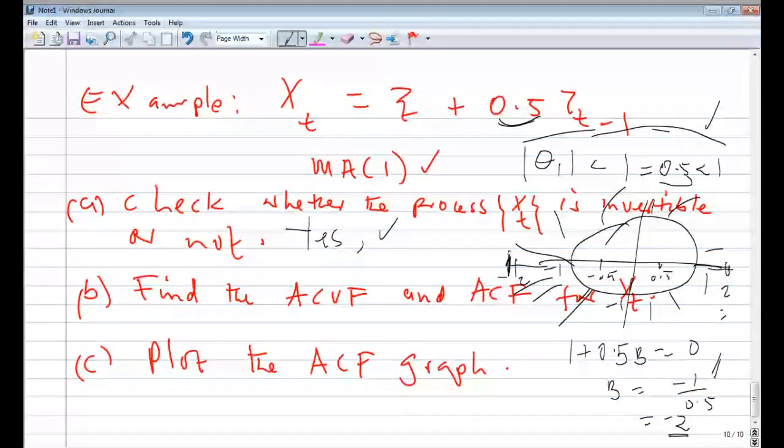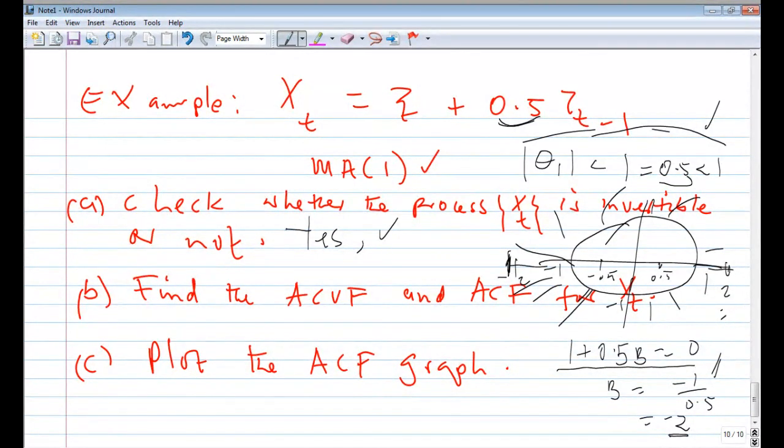Sir, why do we say Z_t is equal to 1? Here, when you write the backshift operator.